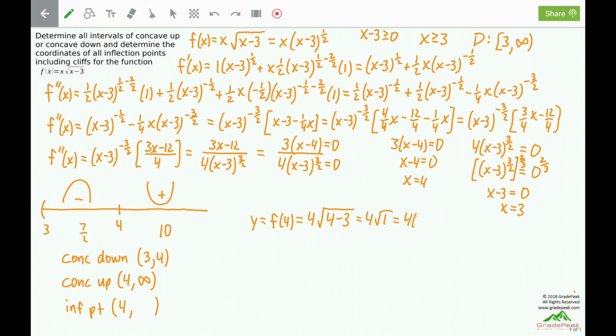Square root of 1 is a 1, and 4 times 1 is a 4. That's the corresponding y-coordinate. So we have one concave down interval, one concave up interval, and an inflection point at (4, 4).